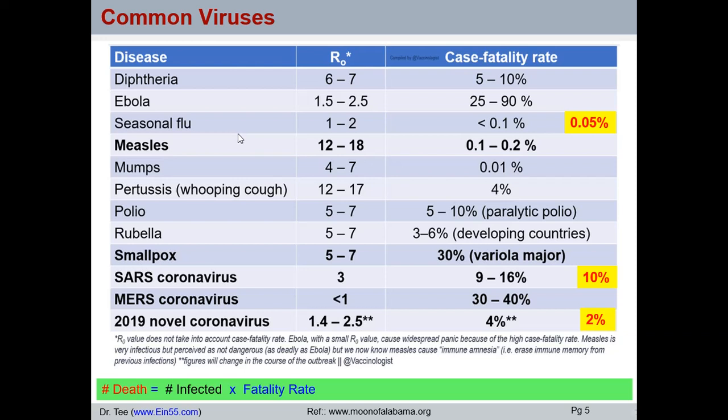If you compare with SARS, it has a 10% fatality rate, but SARS spreading was limited. That's why in the end it did not cause too much harm once it went away. But now, this 2019 coronavirus is still ongoing, and it has a feature.